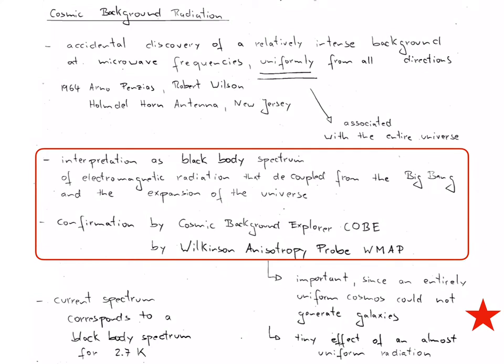The recent measurement of slight anisotropies, slight variations in the almost uniform background radiation spectrum, is important since an entirely uniform cosmos could not have generated galaxies as we observe them today. However, the anisotropy is a tiny effect in an almost uniform radiation.